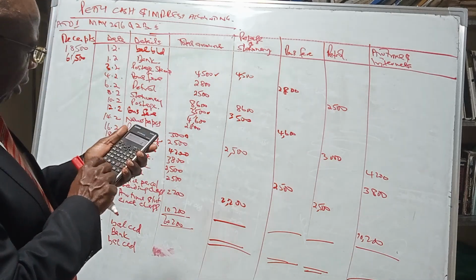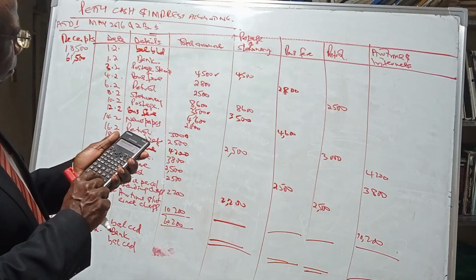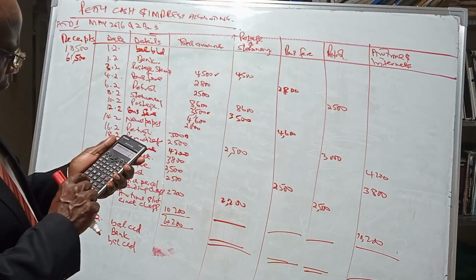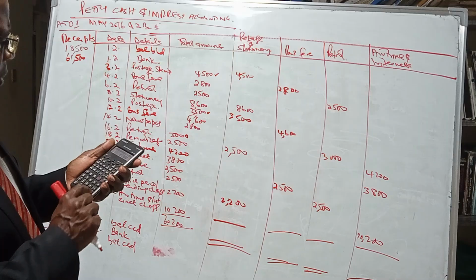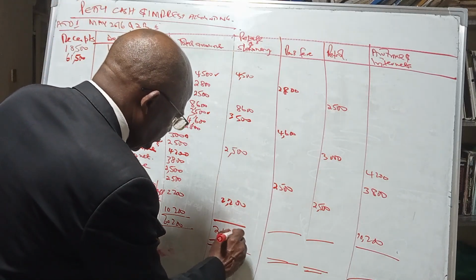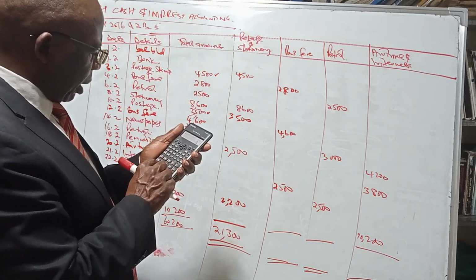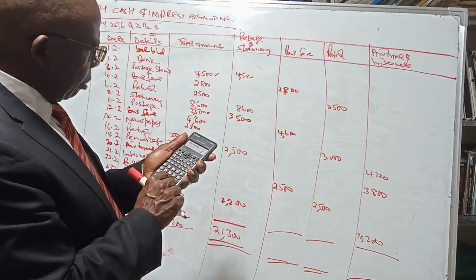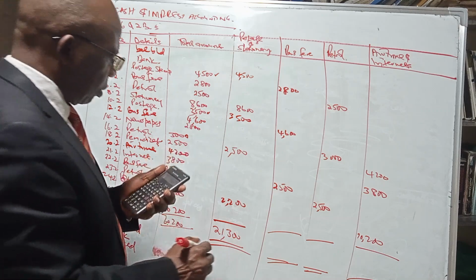4,500 plus 8,600 plus 3,500 plus 2,500 plus 2,200, we get a figure of 21,300. Then we add the bus fare, 2,800 plus 2,800 plus 4,600 plus 2,500. We get a figure of 9,900.